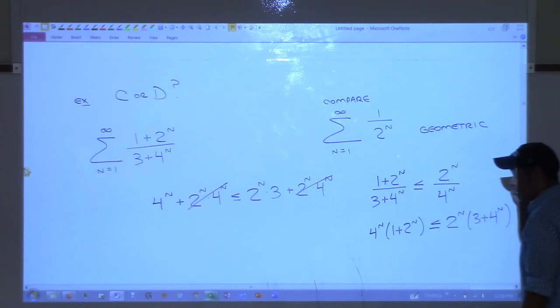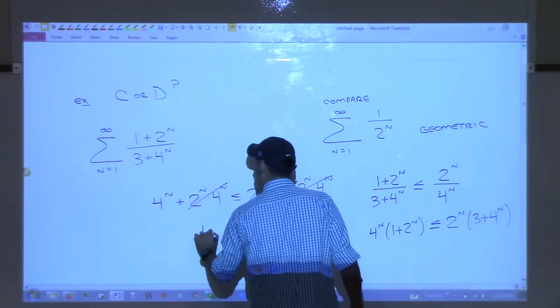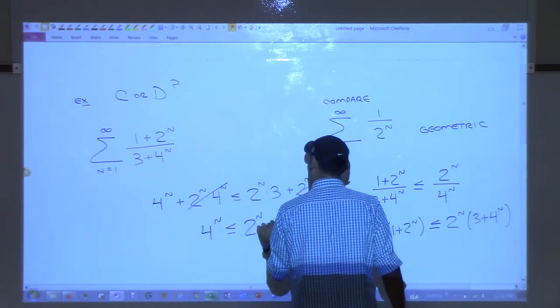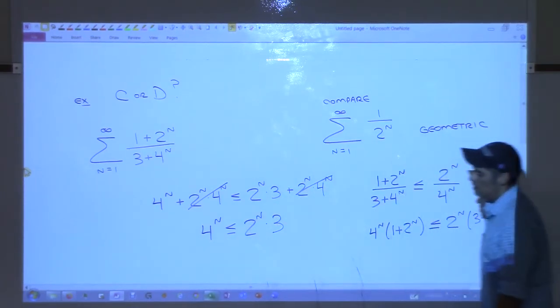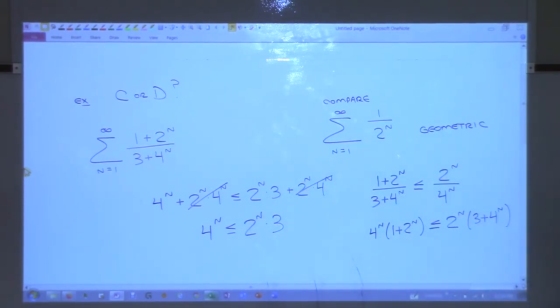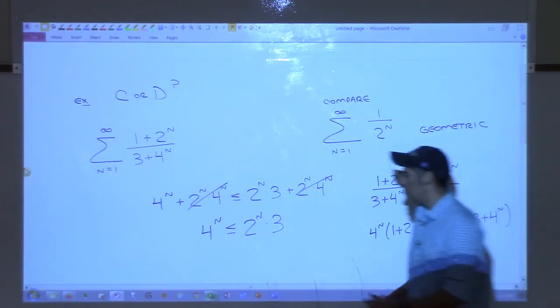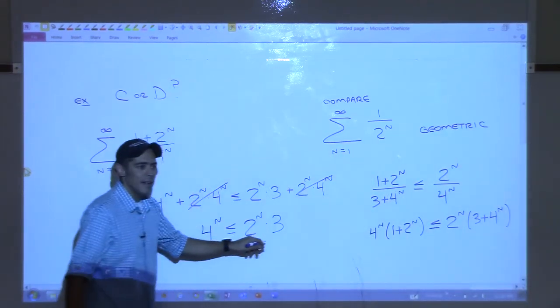And what about this? 4 to the n less than or equal to 2 to the n times 3. Not true. Right? How could you convince yourself of that? How about we divide both sides by 2 to the n now?